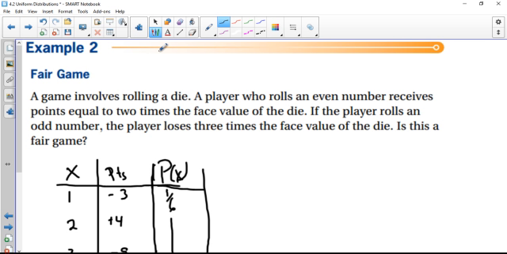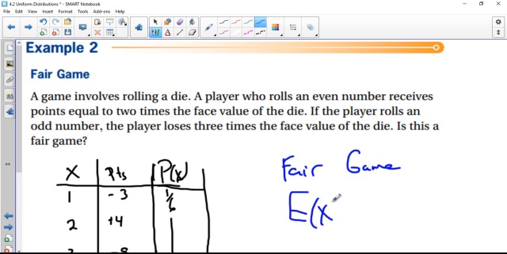Well, if it was fair, you would expect, similar to how we talked about with that ticket question yesterday, buying the tickets, that if it equaled 0, then you had a ticket that you would break even on. So in order to have a fair game, we have to have an expectation, or an expected value, equaling 0.